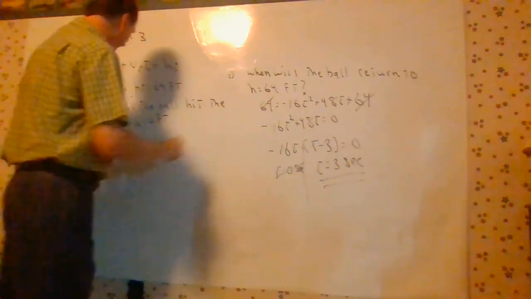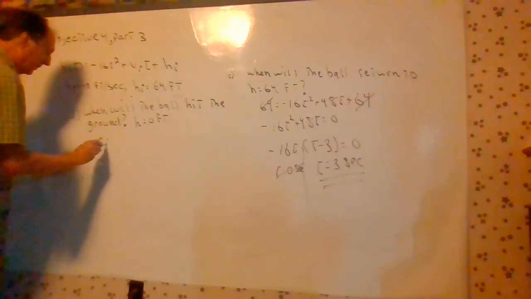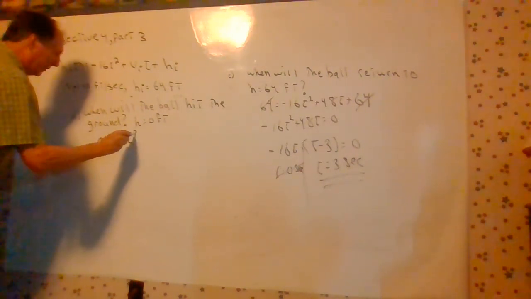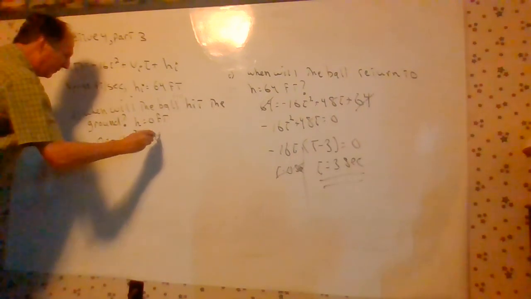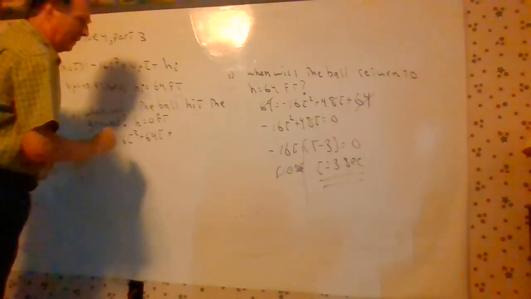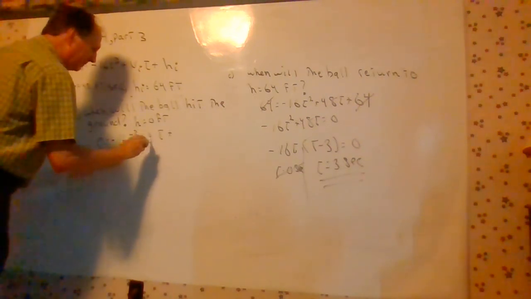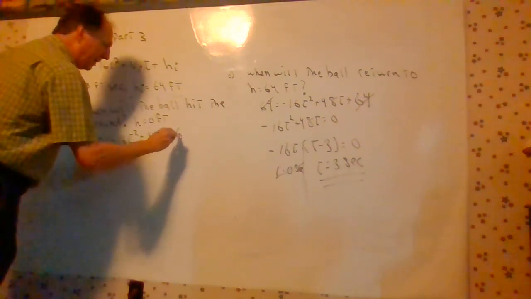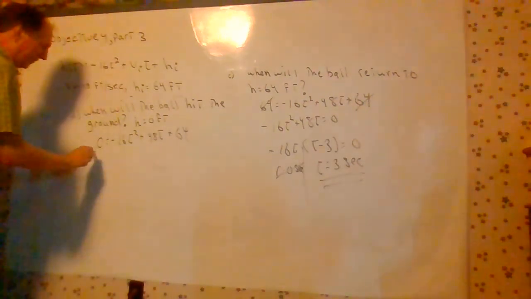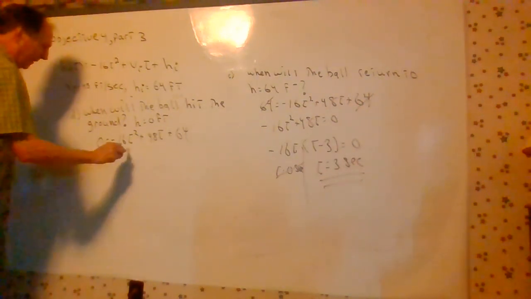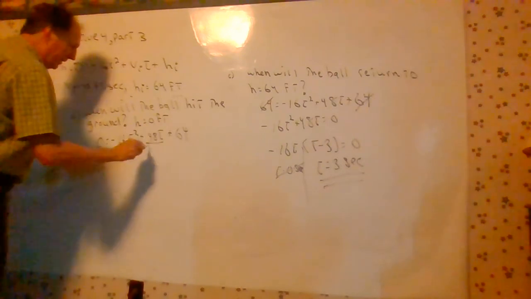So I can substitute 0 into this equation right here, and we get 0 equals negative 16t squared plus 48t plus 64. And then you could divide out negative 16 if you want to simplify this quadratic equation.